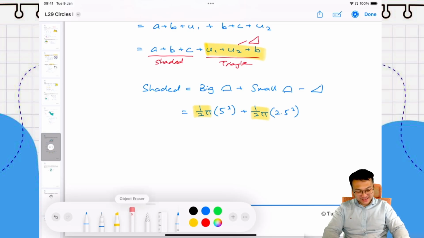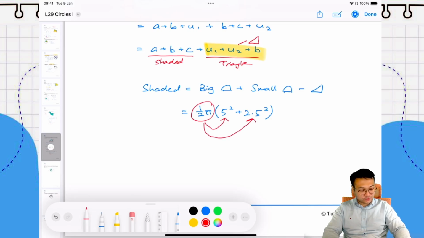I can cancel them out. You don't really cancel them out. What you do is you take it out, put it outside a bracket, and whatever is left behind remains in the bracket. So you have half pi times (5 squared plus 2.5 squared). There you go. Because the half pi will then be multiplied by 5 squared and also by 2.5 squared, which is actually what we wanted in the first place.